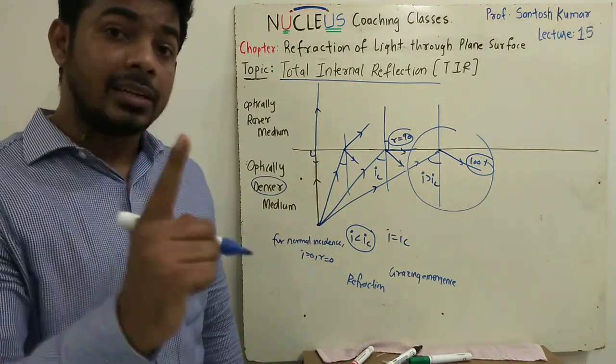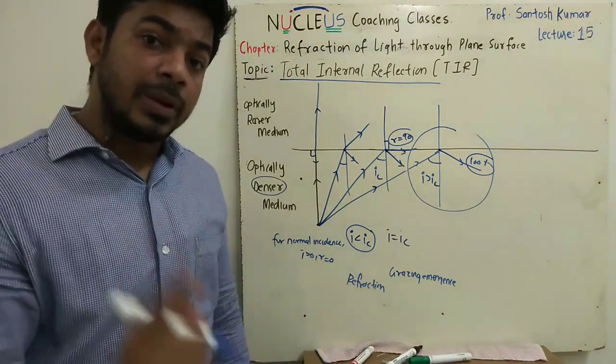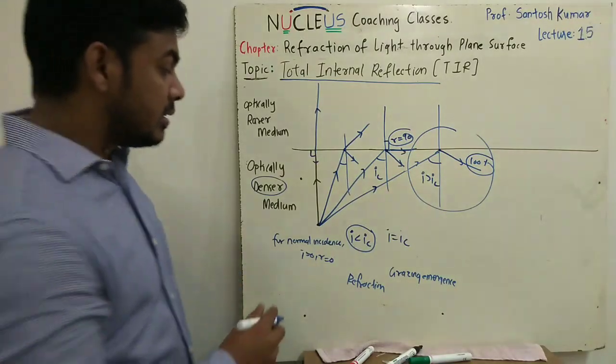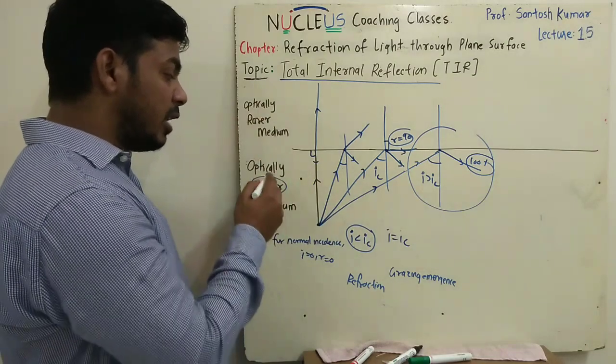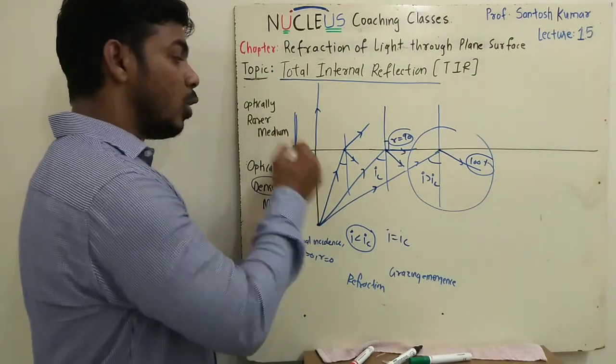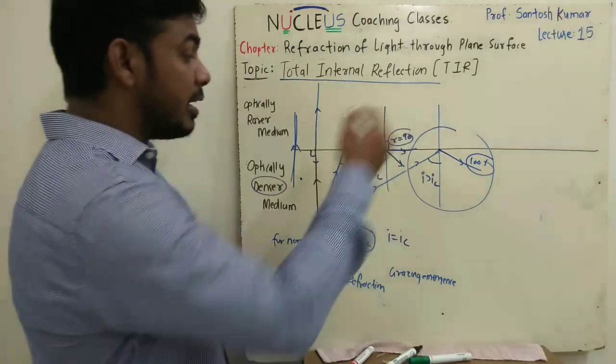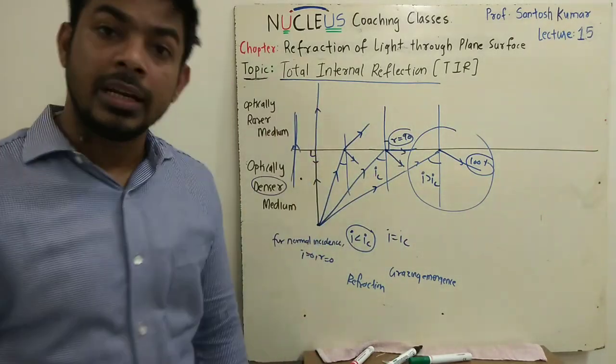So total internal reflection takes place only under certain conditions. One of the conditions is that the ray must be traveling from optically denser to optically rarer, and in all four cases the rays were traveling from optically denser to optically rarer.